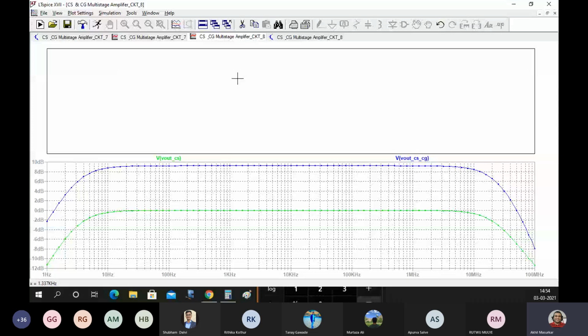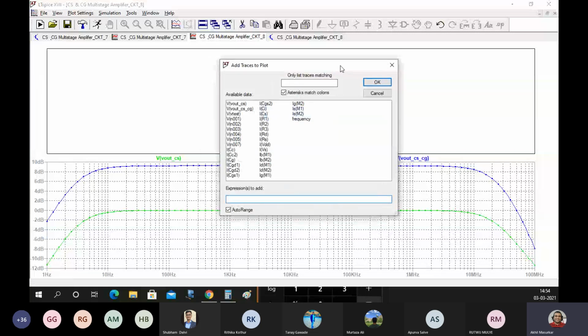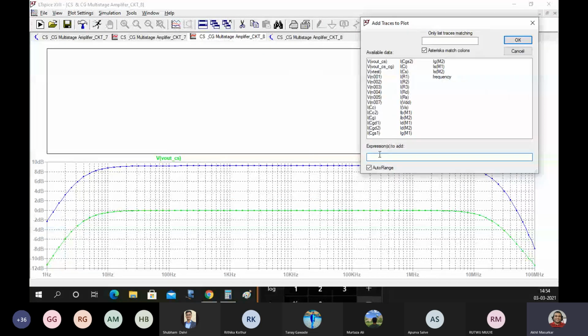So I have to right click on that and say add trace. Now you can add an expression. You can add all of these by clicking on them, or you can also add V1 plus V2, V1 minus V2. You can do some mathematical operation on them directly.